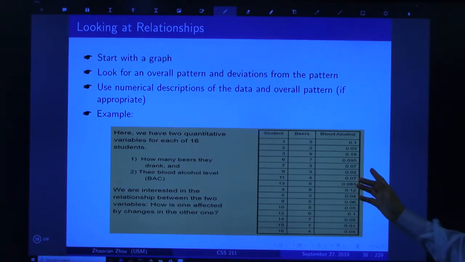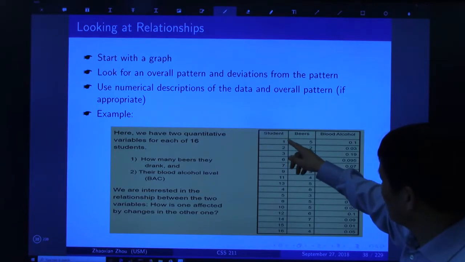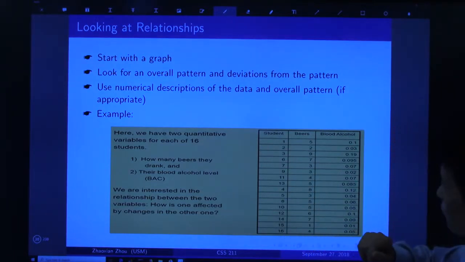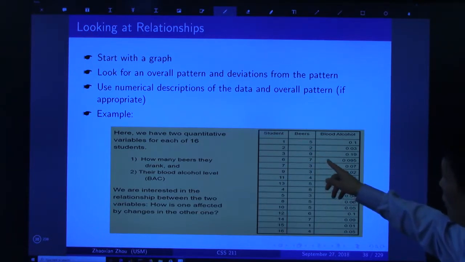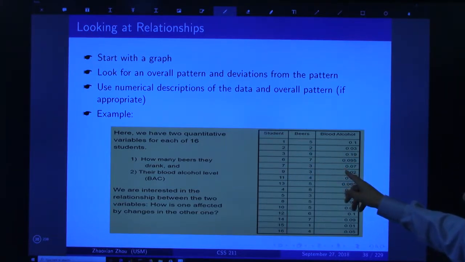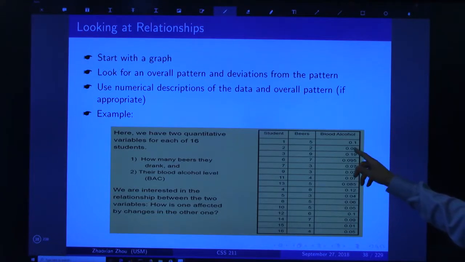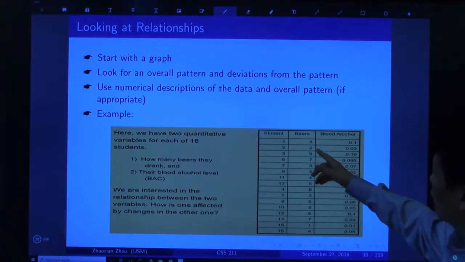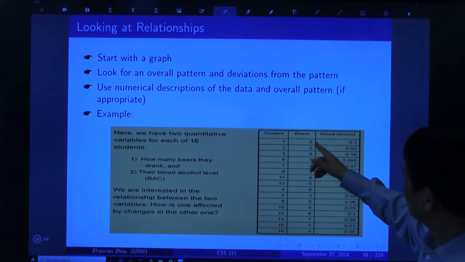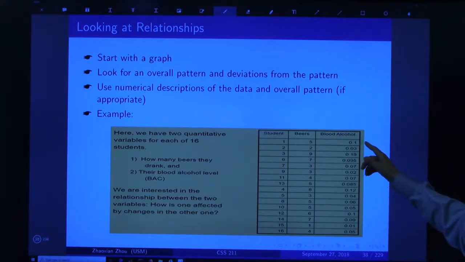And here is the example. We are given two quantitative variables for each of 16 students. The students are indexed as number 1, 2, 3, 4, all the way up to 16. The first quantity is the number of beers they drink. The second quantity is the measured blood alcohol content. For example, student number 1 drank 5 beers and his blood alcohol level is 0.1.